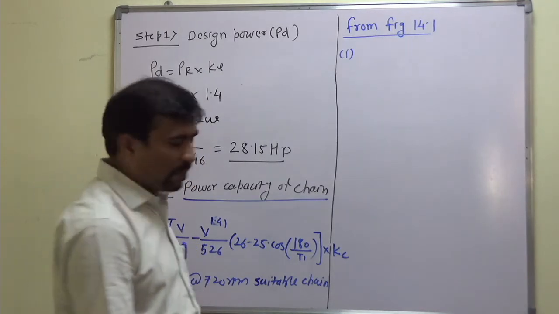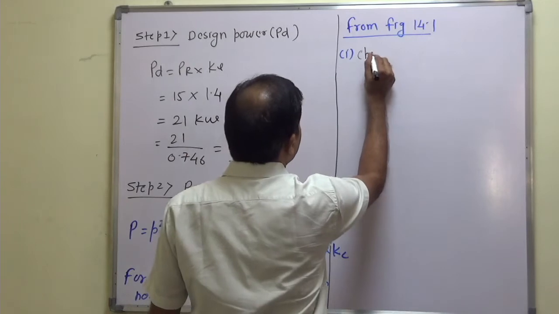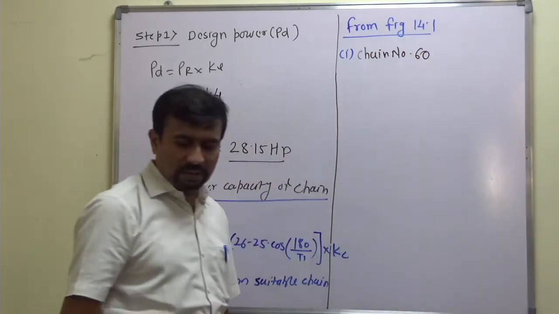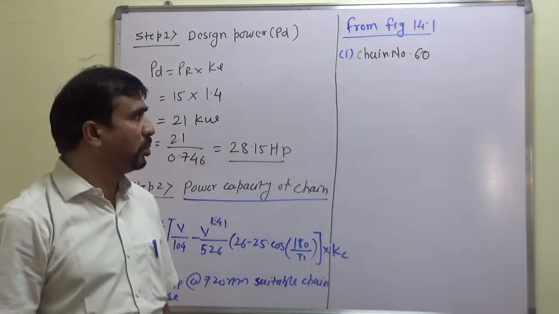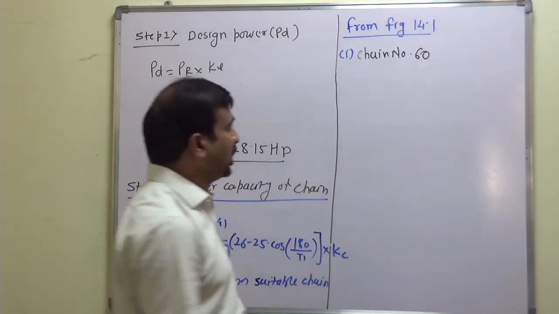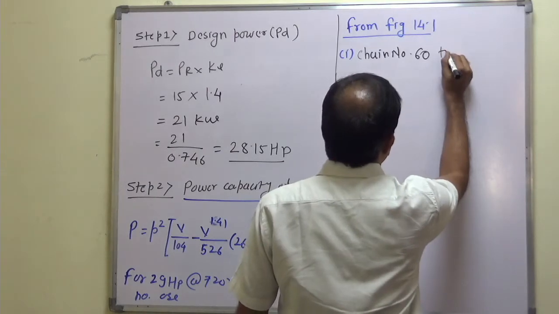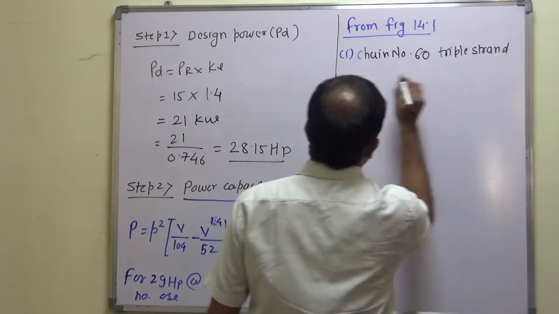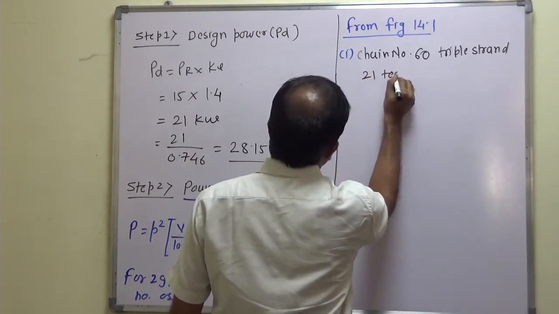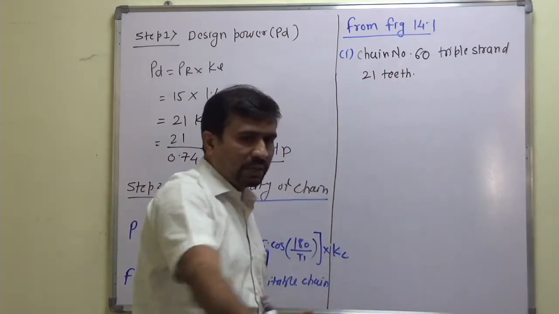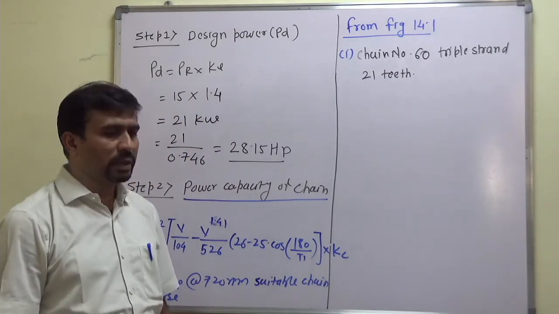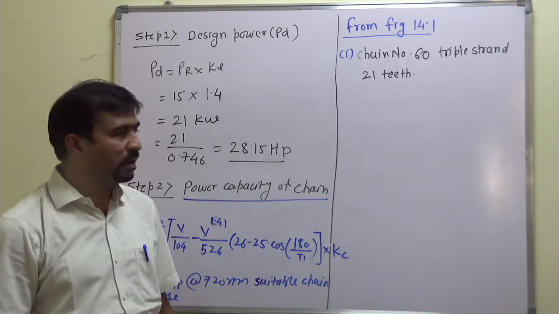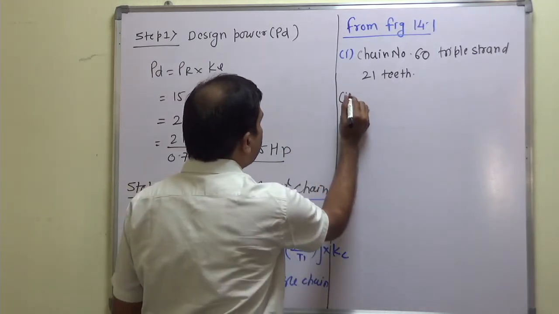So as you observe from there, the first option will be chain number 60. Can you see that? Chain number 60, triple strand, 21 teeth. Just to check whether you can see it properly. Chain number 60, triple strand, 21 teeth. This option is there. And at least we are writing two options.